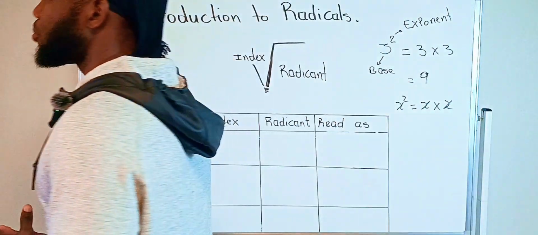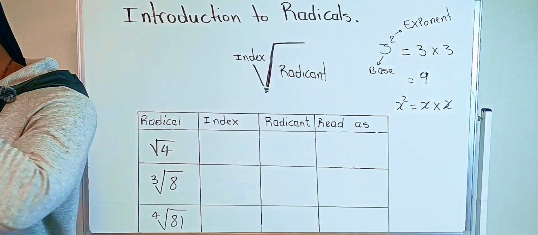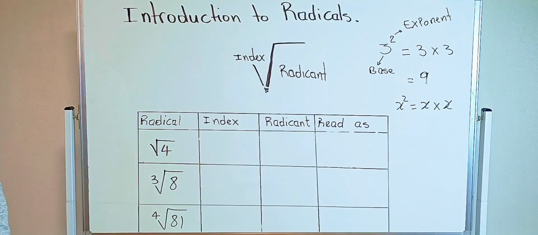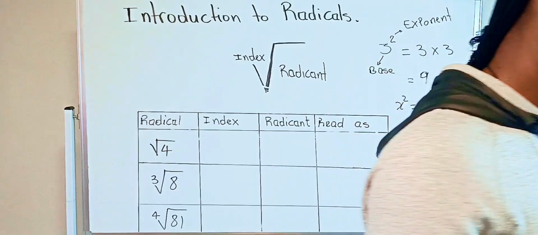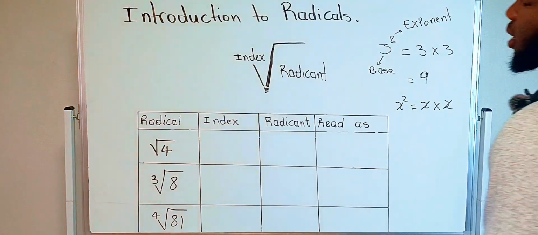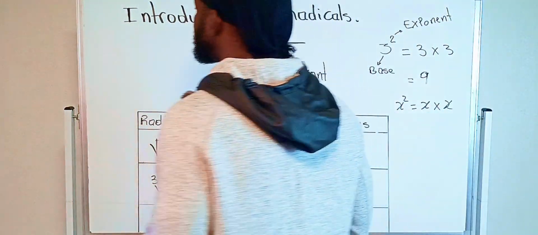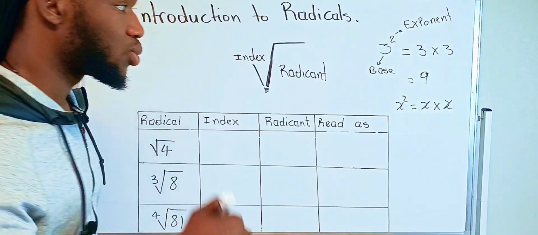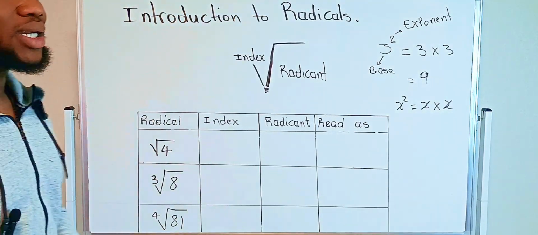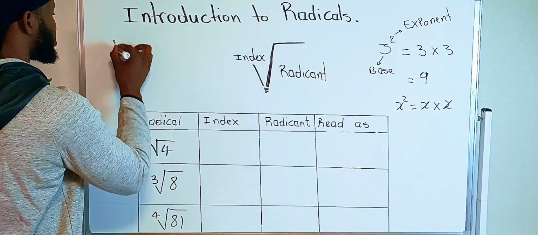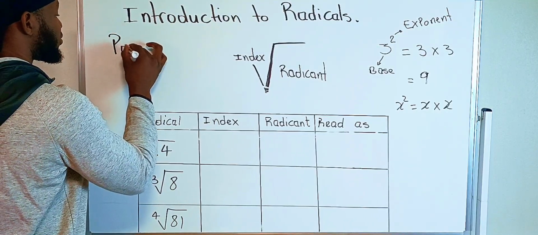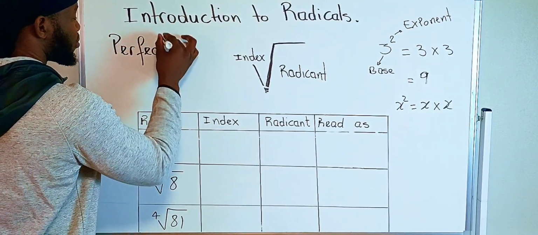Whenever we have a number or a variable that is the product of two identical rational numbers, we call it a perfect square.